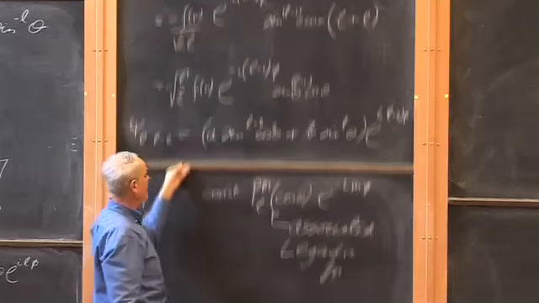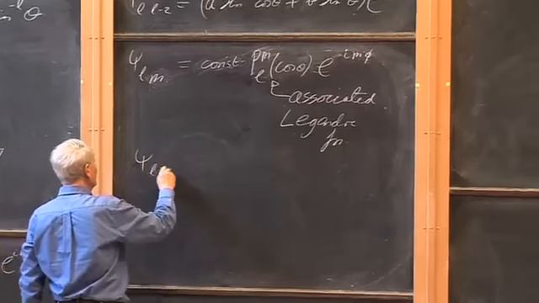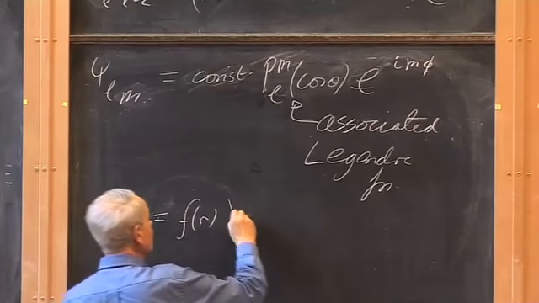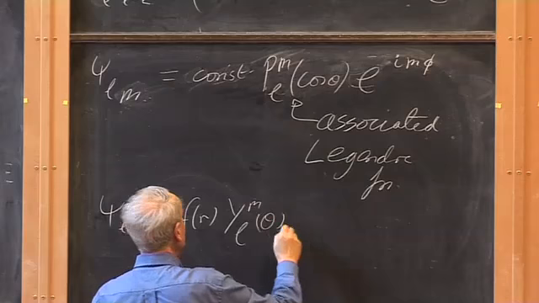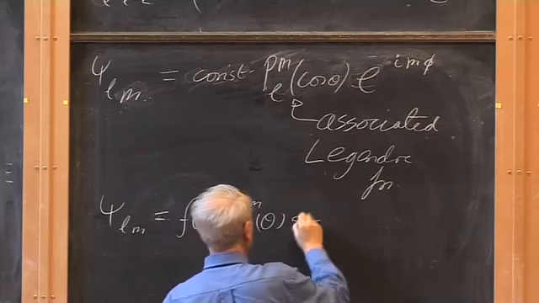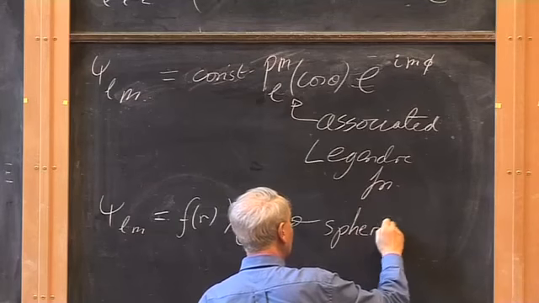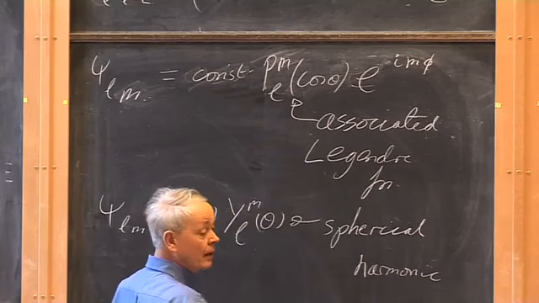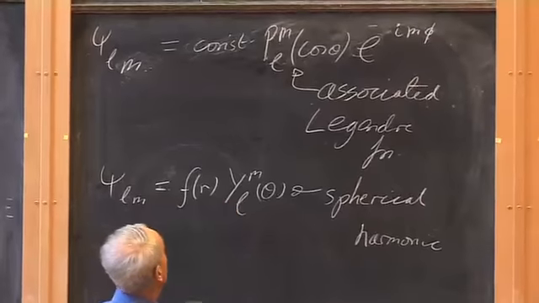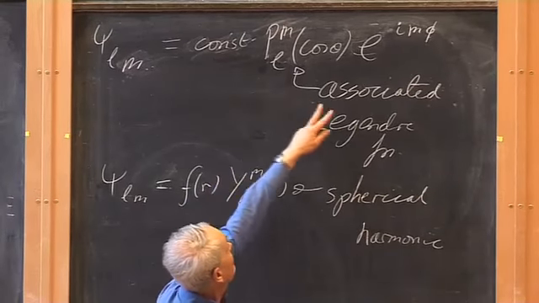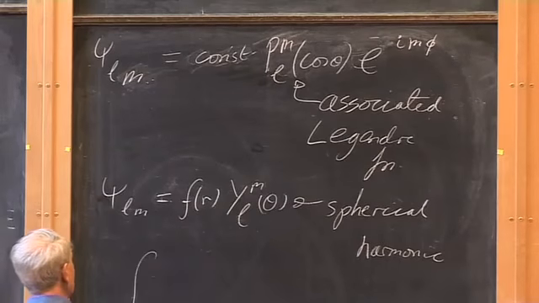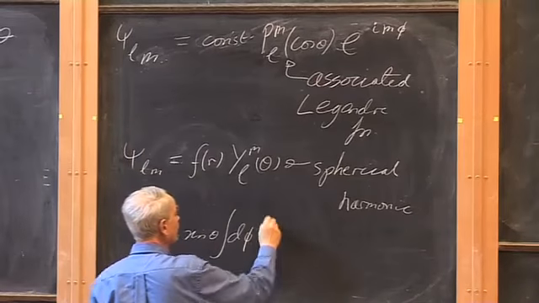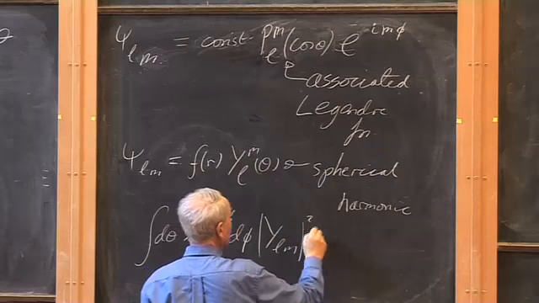How do we normalize this traditionally? What we do is we say psi Lm is equal to some function of radius, to be discussed, times Y Lm of theta, where this thing, the spherical harmonic, is a multiple of PLM times e to the I m phi, normalized so that if you integrate d theta sine theta d phi over the sphere of YLM mod squared, you get precisely 1.